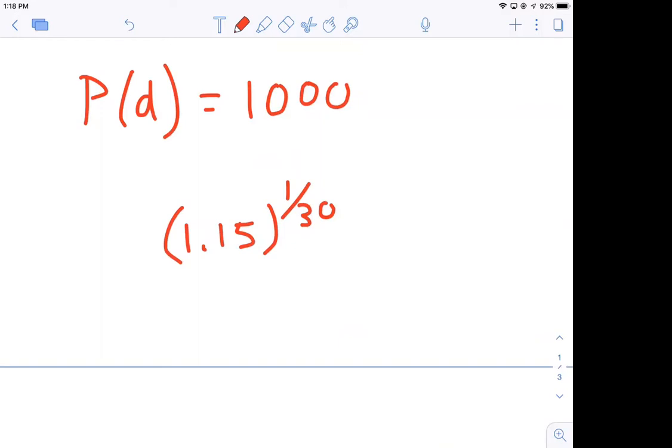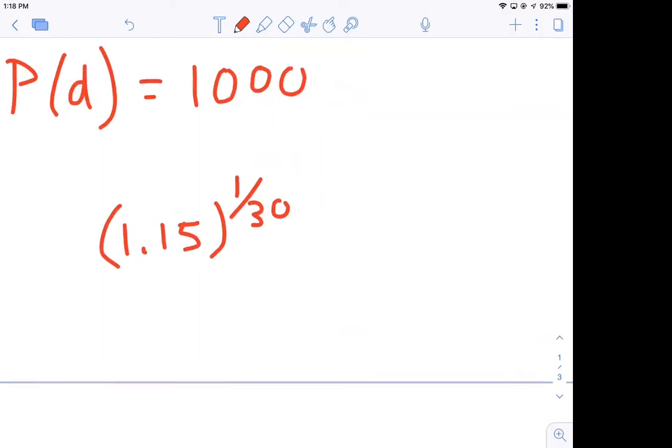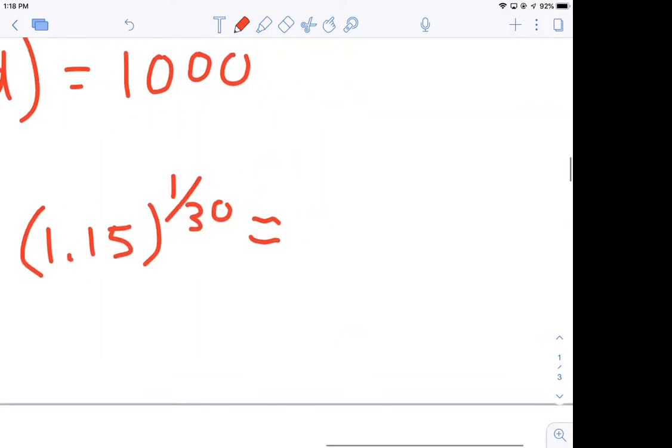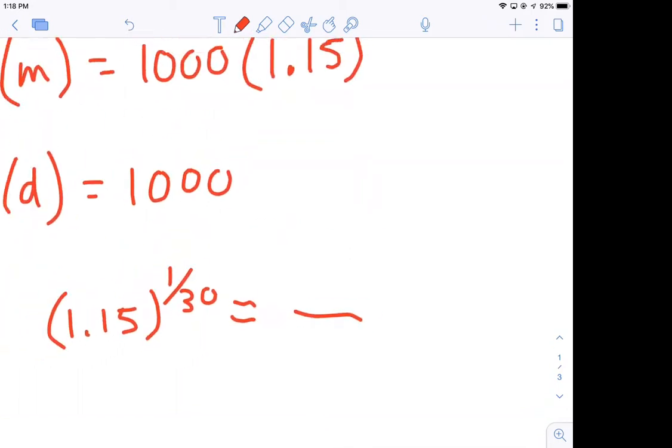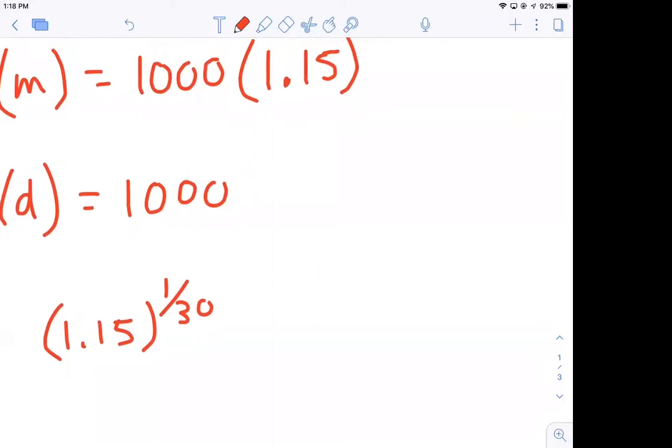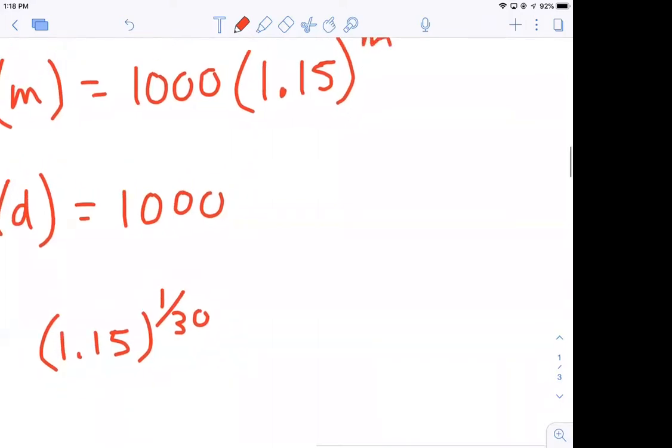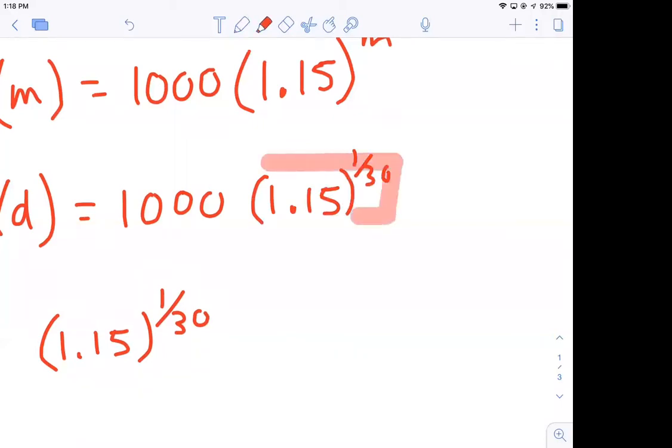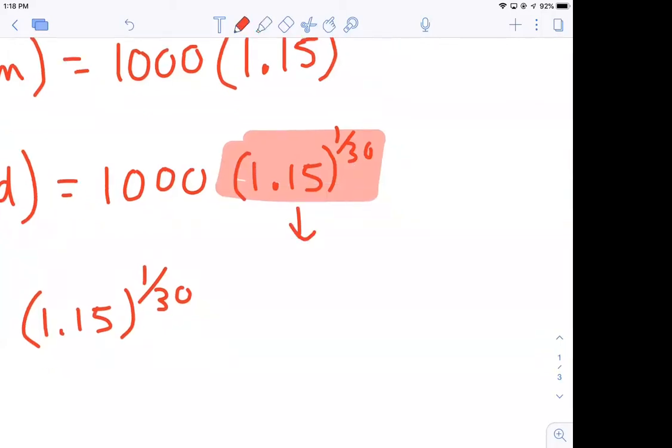All right, if you don't say you're confused, I'm going to just keep going. You can get a decimal approximation for the daily growth factor, but we can also just leave it like this for the exact value. 1.15 to the 1/30th, this entire thing right there, that was our daily growth factor.